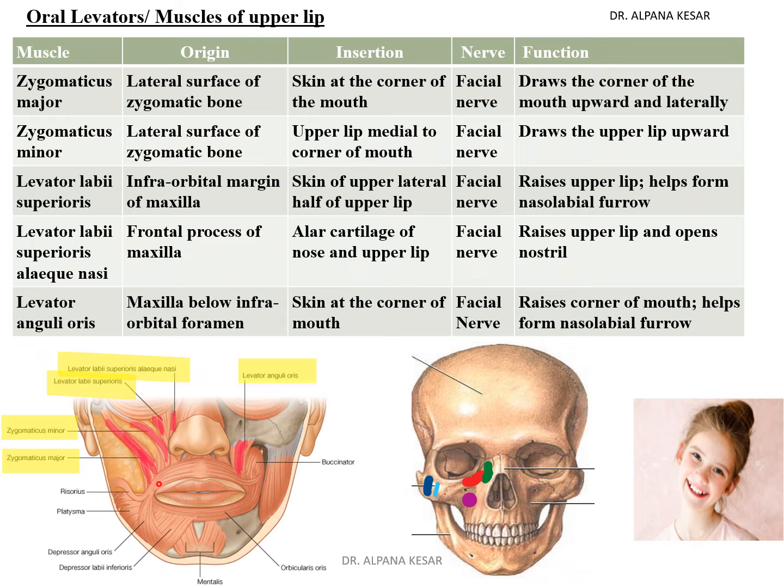Both these muscles draw the upper lip upwards. Zygomaticus major draws the corner of the mouth upwards and the zygomaticus minor draws the upper lip upwards.